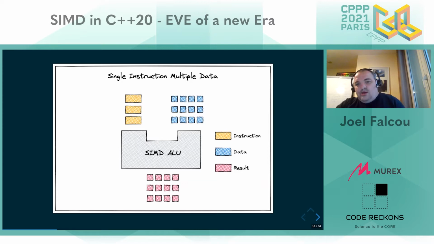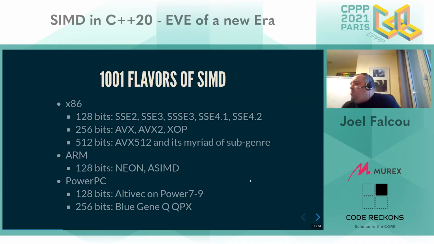Usually to do this, you have different kinds of tools. And it gets messy quite fast, because if I focus only on x86, we are basically looking at almost a dozen variations of those systems, depending on the microarchitectures, the type of operation you want to do, and the age of the microarchitectures.